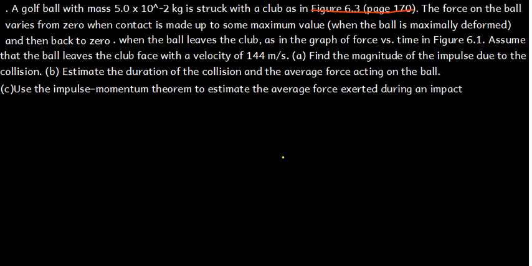The next point says the force on the ball varies from 0 when contact is made up to some maximum value when the ball is maximally deformed, and then back to 0 when the ball leaves the club, as in the graph of force versus time.